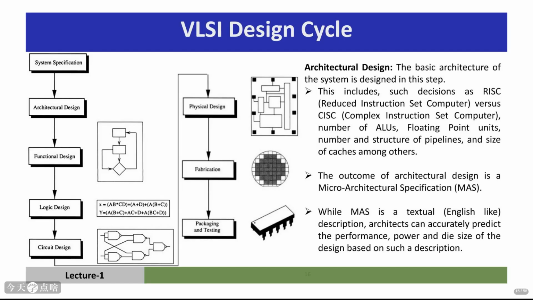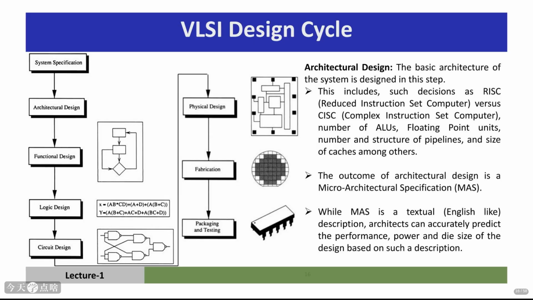Next up is architectural design. Here, we decide the high-level structure of the chip. For a processor, this means choosing between RISC and CISC architectures, deciding how many arithmetic logic units, ALUs, or floating point units, FPUs, we need, how the pipeline will work, and how big the caches should be.